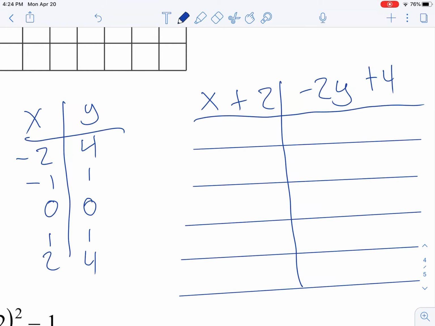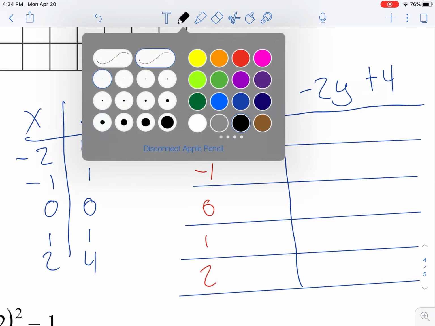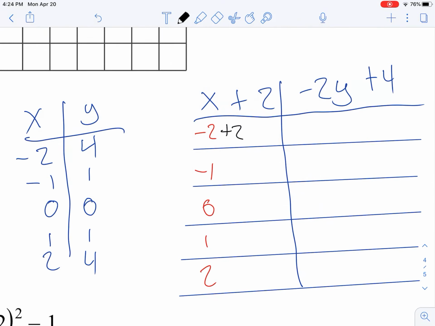Okay, so my x values come from here. So I'm going to write those in red. -2, -1, 0, 1, 2. And those are being added by 2.